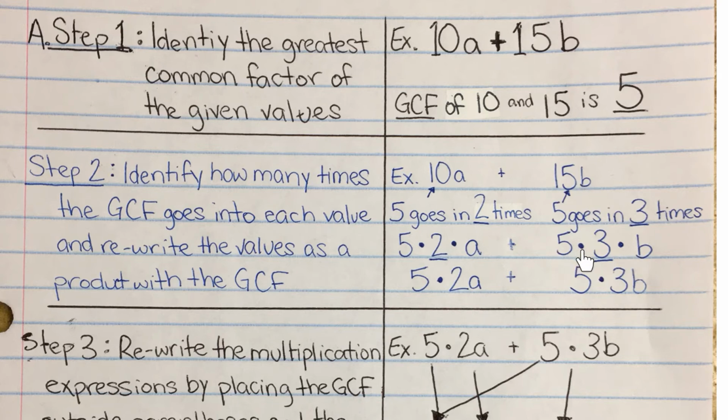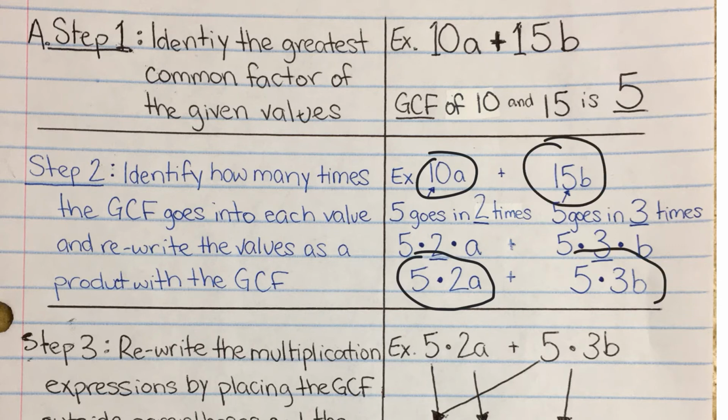So 5 times 3 times b is our long product, and if we simplify it, we can remove this dot between the 3 and the b and show this as 5 times 3b. So our new values that we've rewritten: 10a is the same thing as 5 times 2a, and 15b is the same thing as 5 times 3b. Okay?